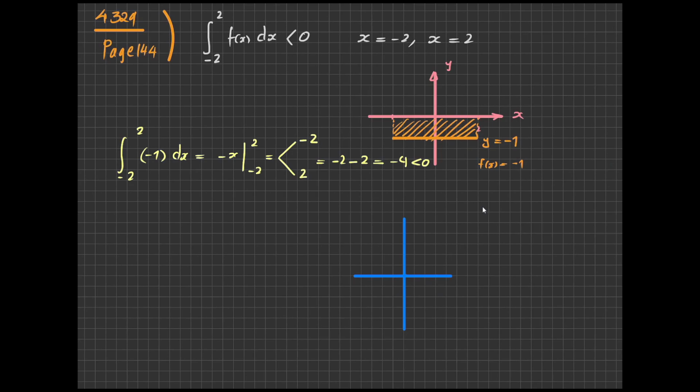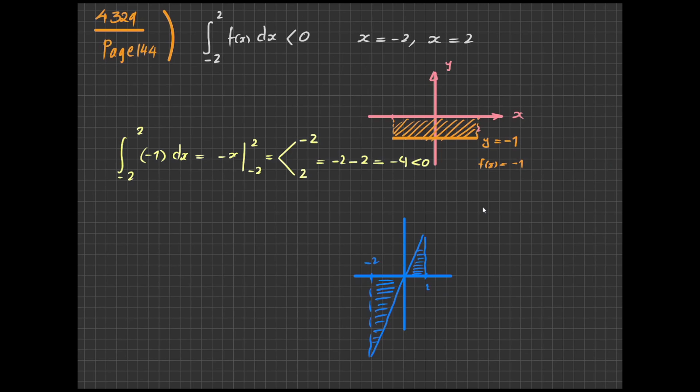For example, I can draw this line, y equals 2x, so that when I go from -2 to 2, this part is negative, this part is positive, and when I add them, it works exactly the other way around.